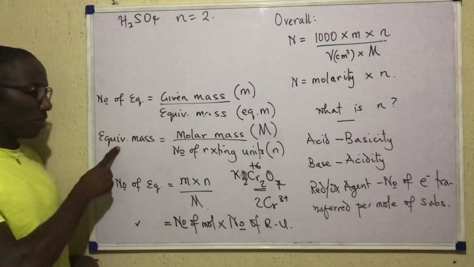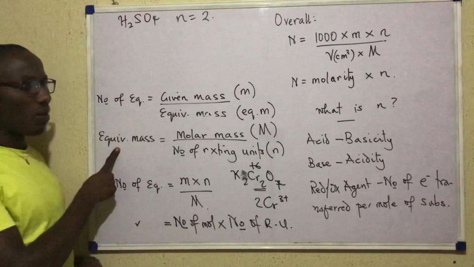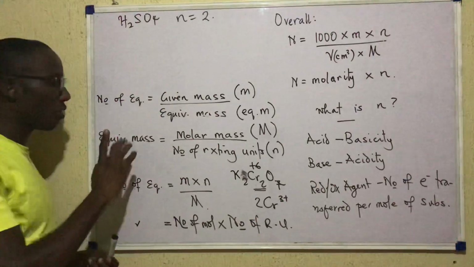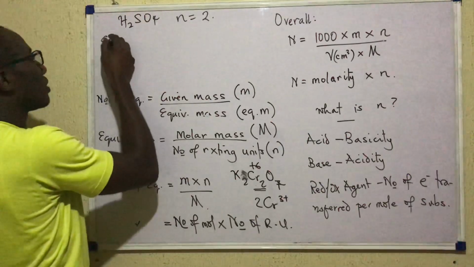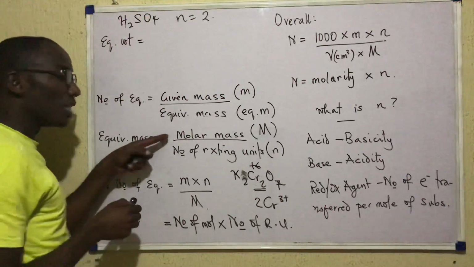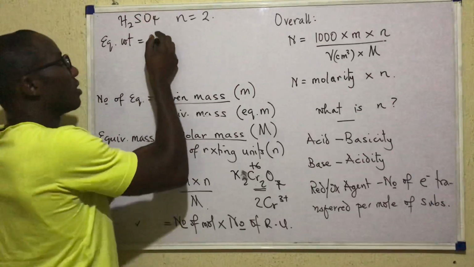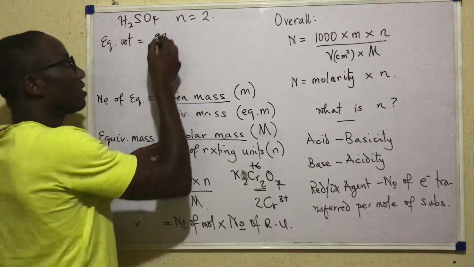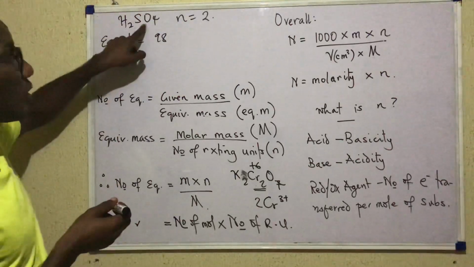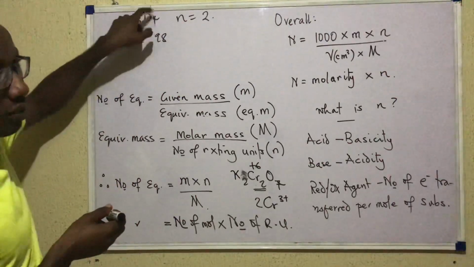Based on that, see this next one. What if I were asked to calculate the equivalent mass of H2SO4? Very easy. Equivalent mass or equivalent weight equals the molar mass, which is 98. How did I get 98? H2 is 2, S is 32, then O4 is 16 by 4, 64.